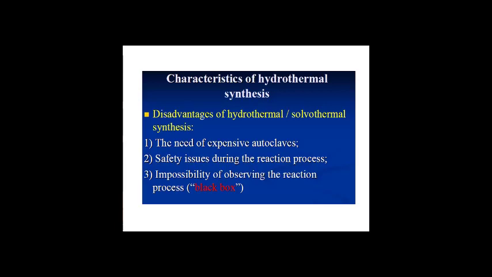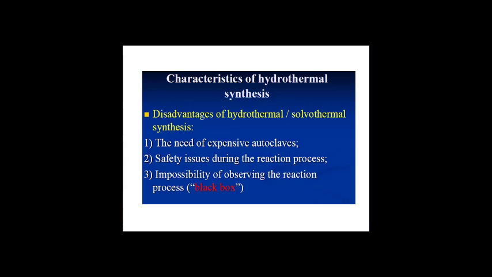In the simple solid state method or a simple co-precipitation method, we are just using simple beakers and simple apparatus. But when we use the hydrothermal method, we need very expensive autoclaves, which are sometimes difficult to arrange.